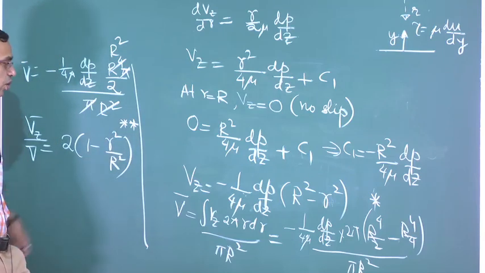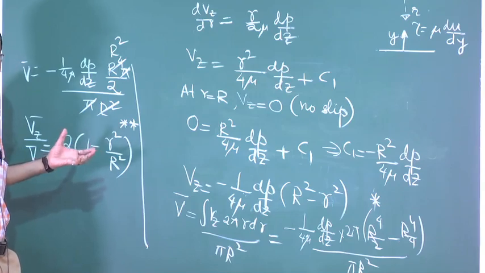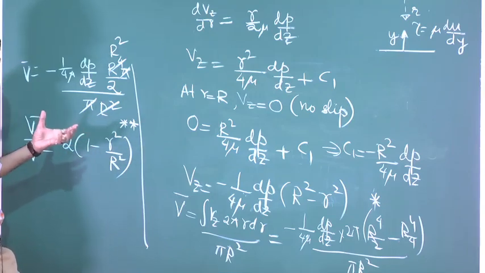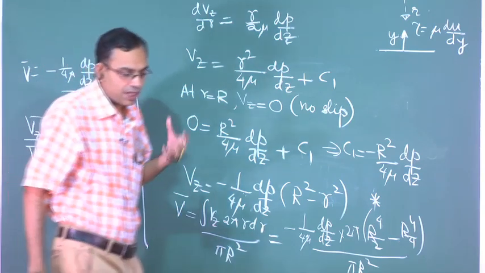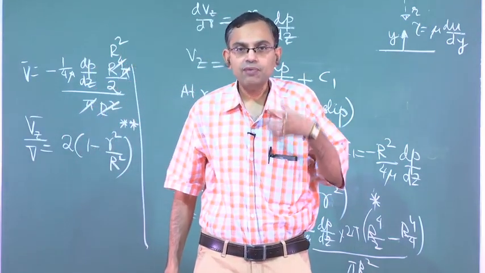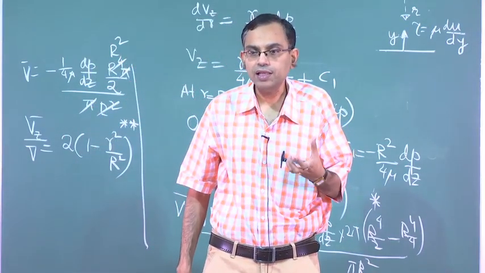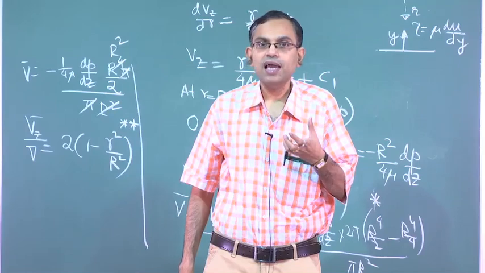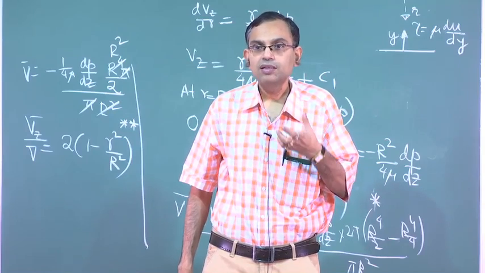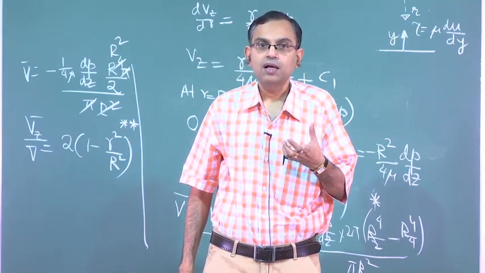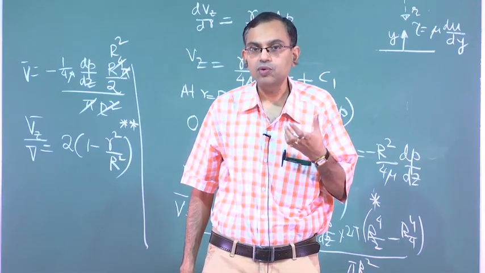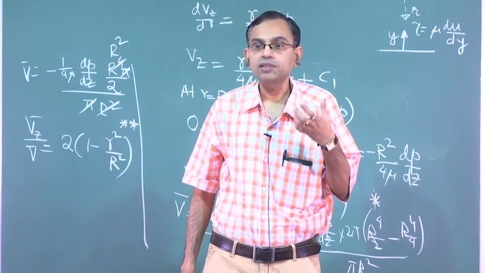This flow is classically known as Hagen-Poiseuille flow, and although it appears to be a very fundamental aspect of fluid mechanics, this was actually derived and developed by a person called Poiseuille, who by profession was a physician.